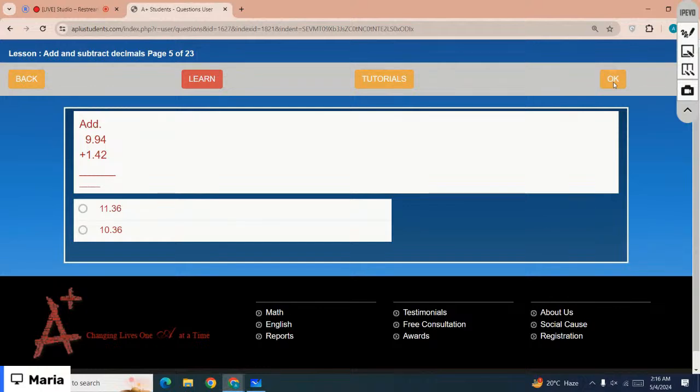Add 9.94 plus 1.42, which is the correct option? That is 11.36. Option number one is the correct option.